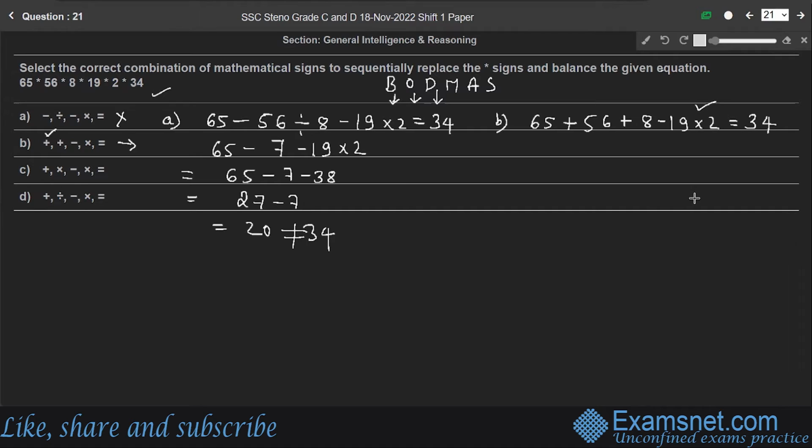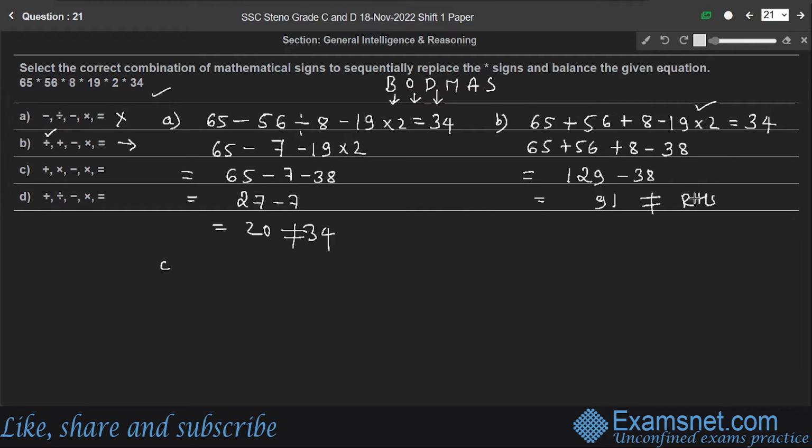Directly go for multiplication: 65 plus 56 plus 8 minus 38 should be equal to 34. Add 65 plus 56, which is 121. 121 plus 8 is 129, minus 38 is 91, which is not equal to the right hand side.